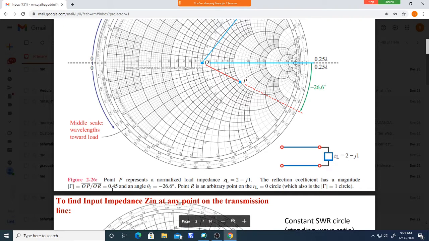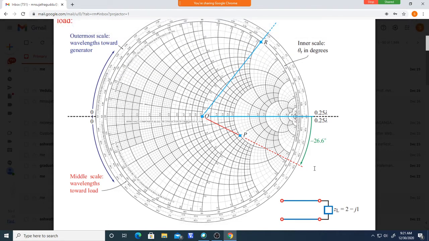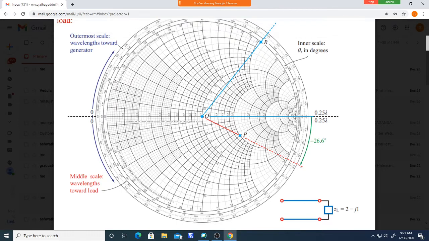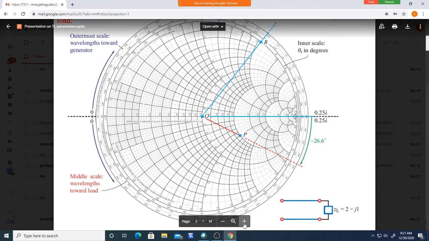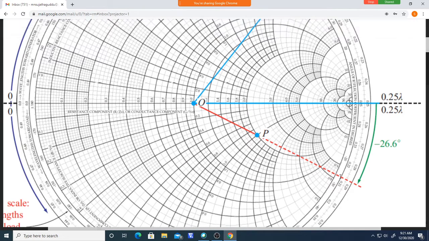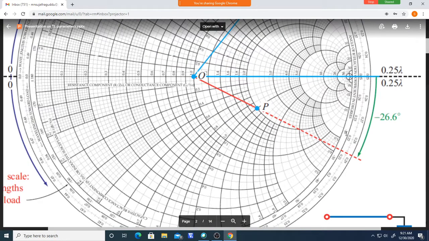So the magnitude of the reflection coefficient is 0.45 and the angle is, you should see here, extend this line here to 0, and from there to here, how many degrees you see. The angle values are given here. Reflection coefficient angle: see here minus 20 degrees, and this is minus 30, so it is around minus 26.6 degrees.